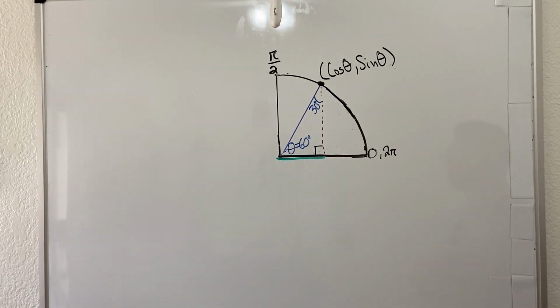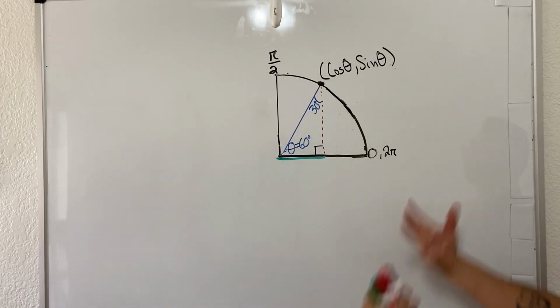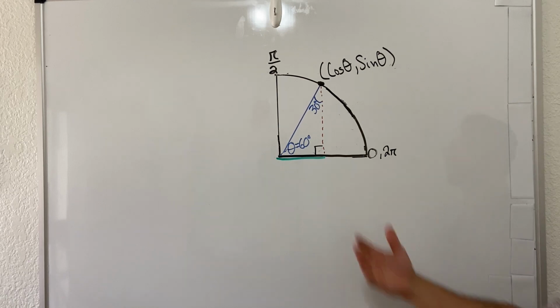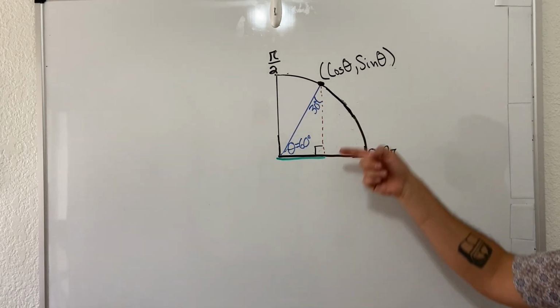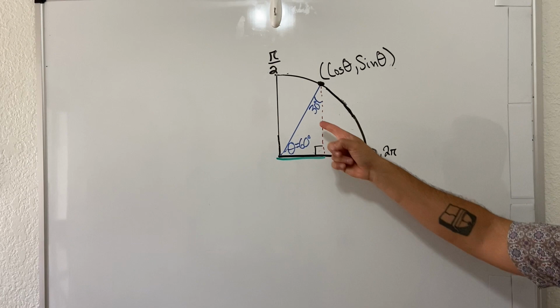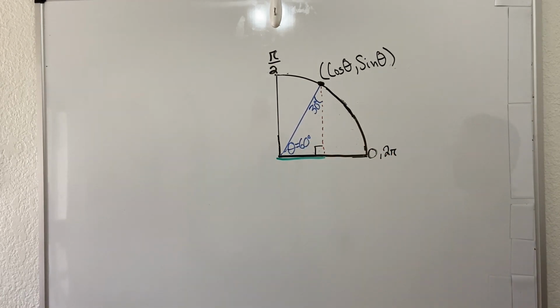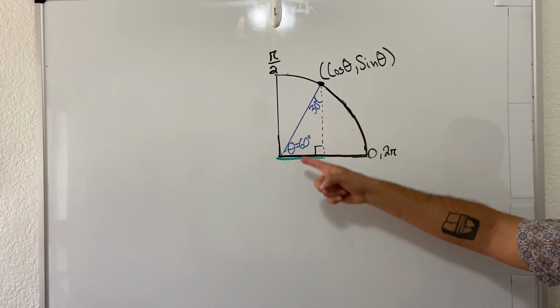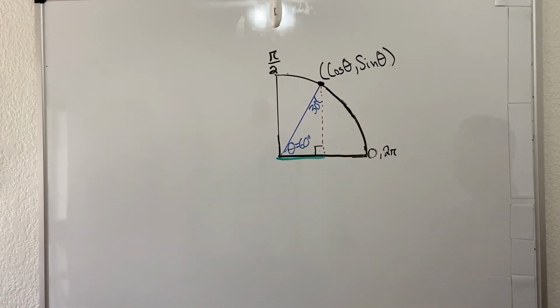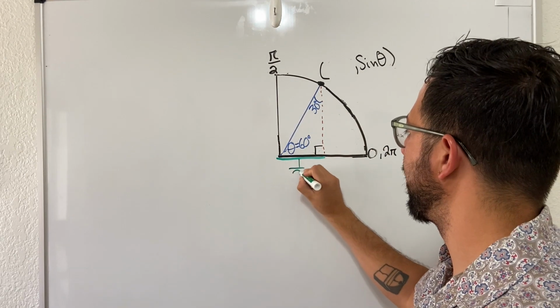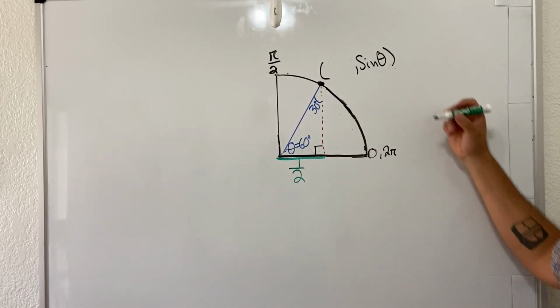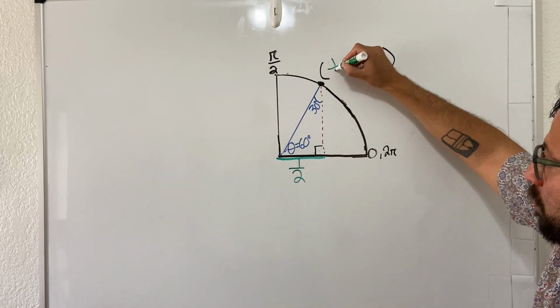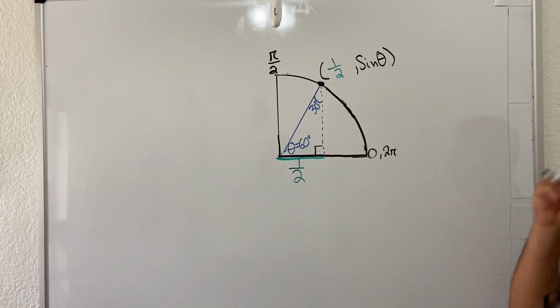But this should look familiar at this point. We have another special right triangle, but it's really the same one as the one we had before. We have a 30, 60, 90 special right triangle. And again, our side opposite to the 30-degree angle is 1/2, which means that our cosine of theta is 1/2 when theta is 60 degrees, or pi over 3.